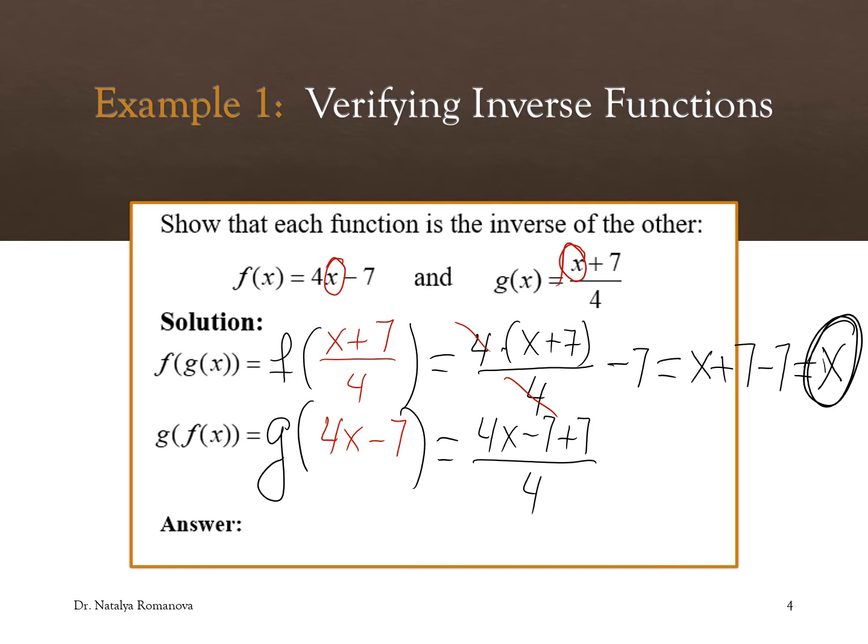Negative 7 plus 7 gives us 0, so we have 4x over 4. We can cancel out 4. It would be x. So x equals x. According to the definition of inverse function, we can say functions f and g are inverses of each other.